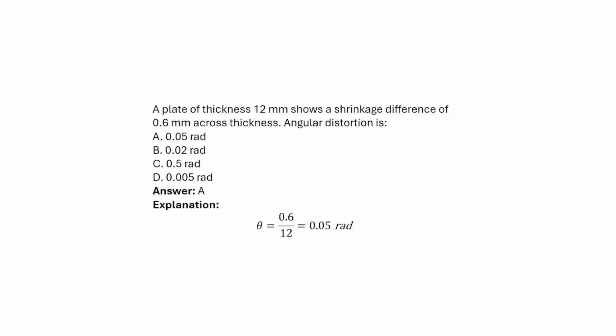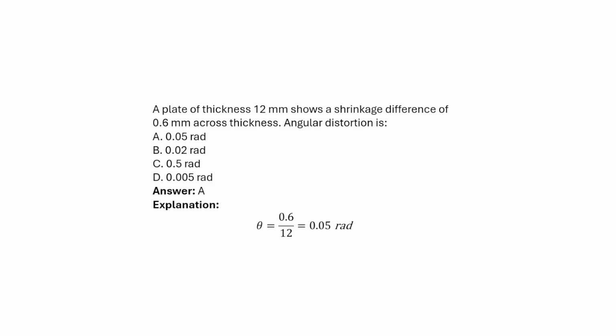A plate of thickness 12 mm shows a shrinkage difference of 0.6 mm across the thickness. The angular distortion will be? How can we calculate the angular distortion?